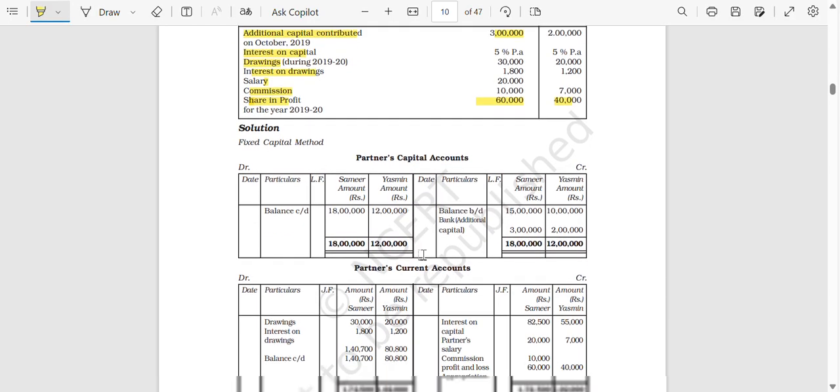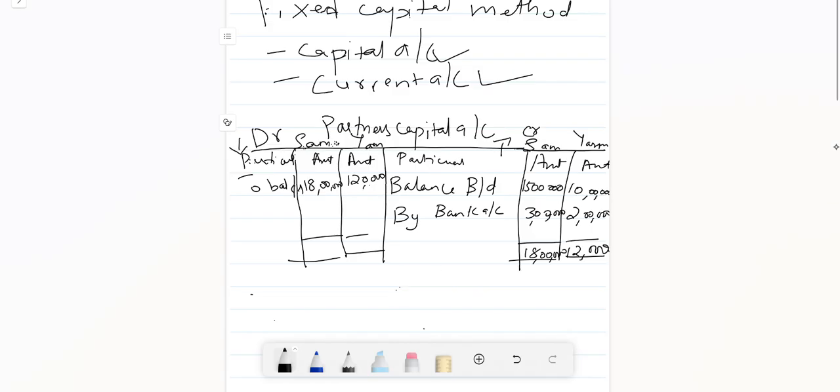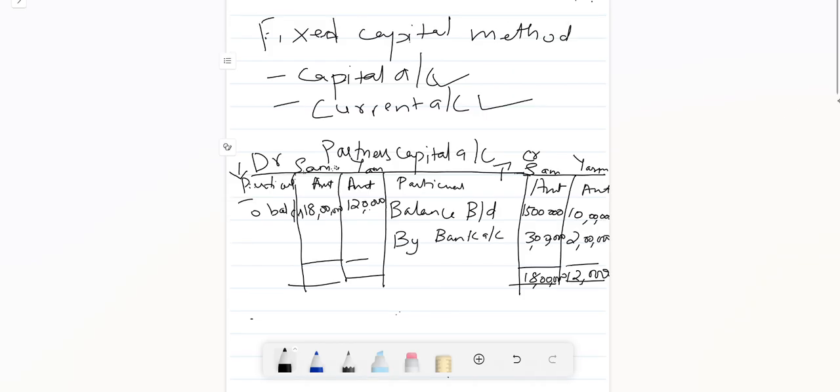Now next come to the partners' current account. Okay. Now let's start with current account.